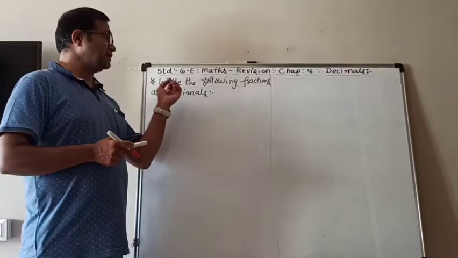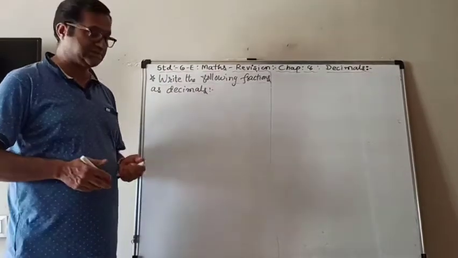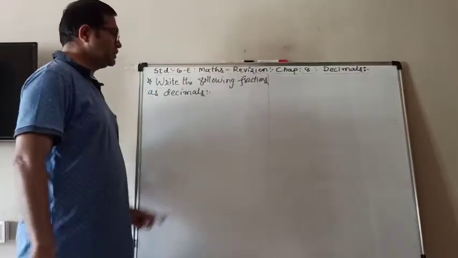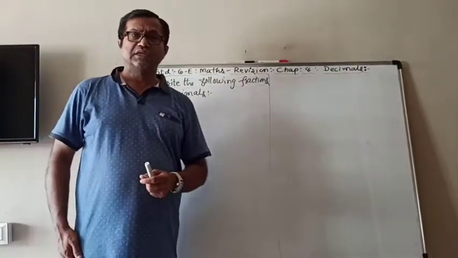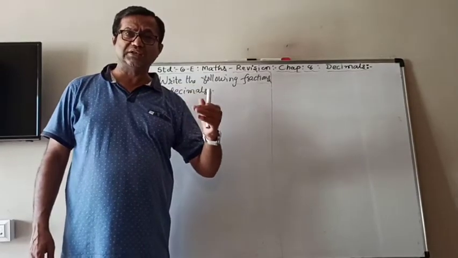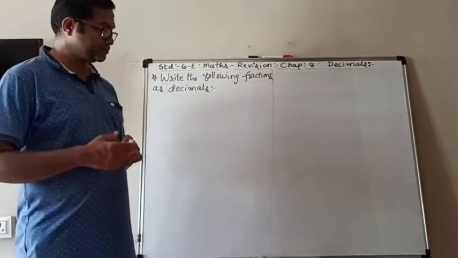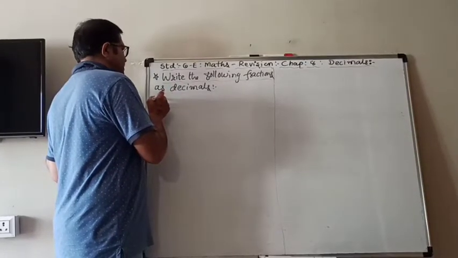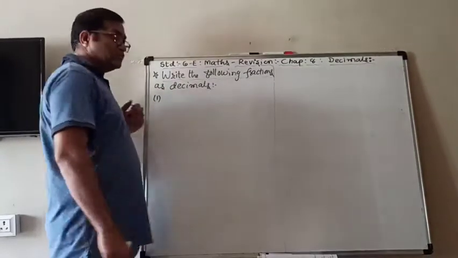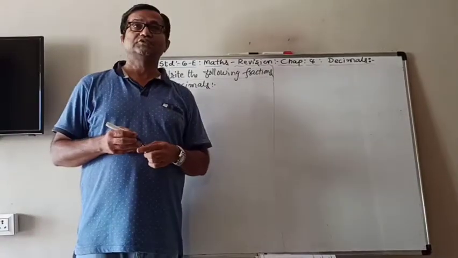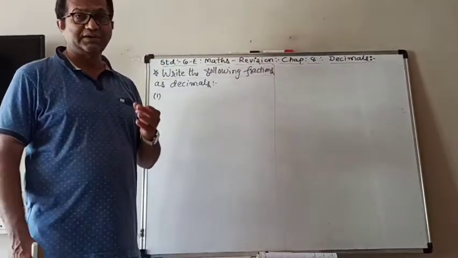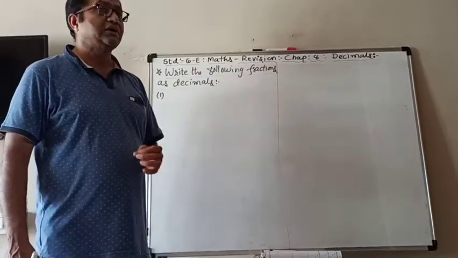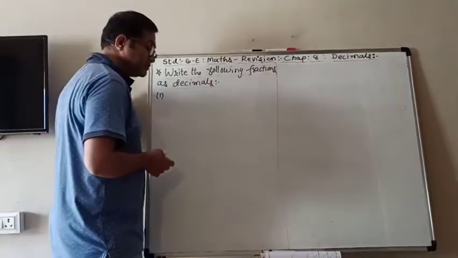Now, same thing here, write the following fractions as decimals. But the difference is that in the previous question, there was 10, 100 or 1000 already in the denominator. But now, there is no situation like that. So first of all, we have to think to bring 10, 100 or 1000 in the denominator, and then we will convert it into decimal.